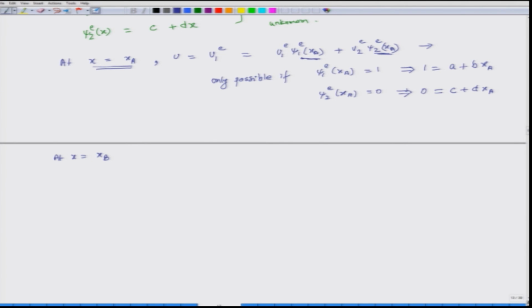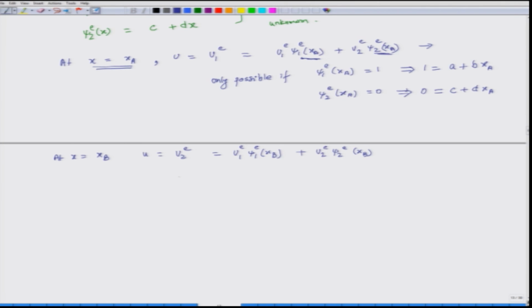This is the condition at x equals xa. At x equals xb, what is the displacement? u is equal to u2e, agreed, and this is equal to u1 psi 1 computed at xb plus u2 psi 2 computed at xb.